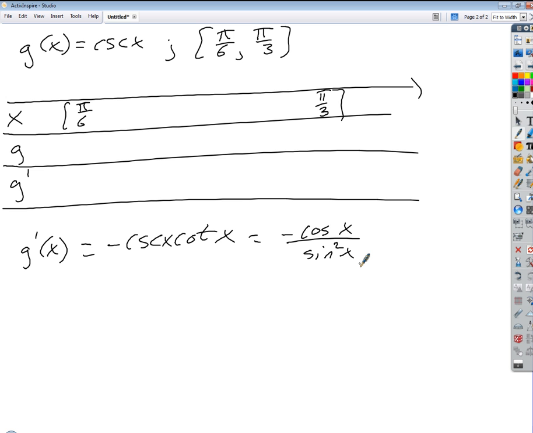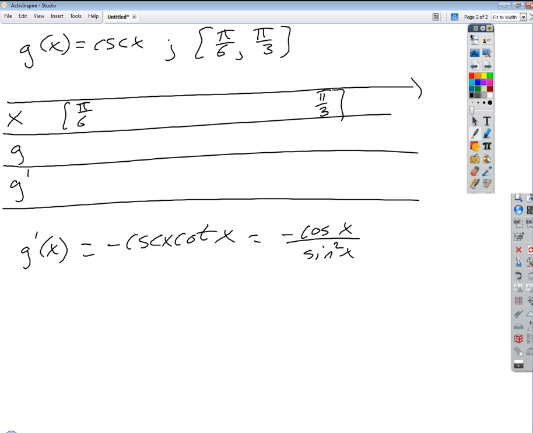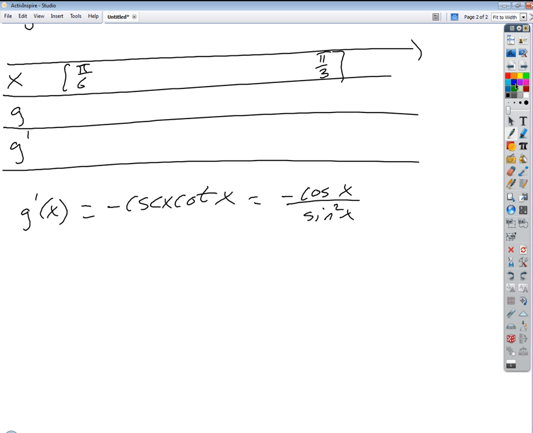When we're looking for our two types of critical numbers, for the derivative g prime of x, this makes life easier in math. We'd say g prime of x equals 0 when the numerator equals 0, which is when negative cosine x equals 0.